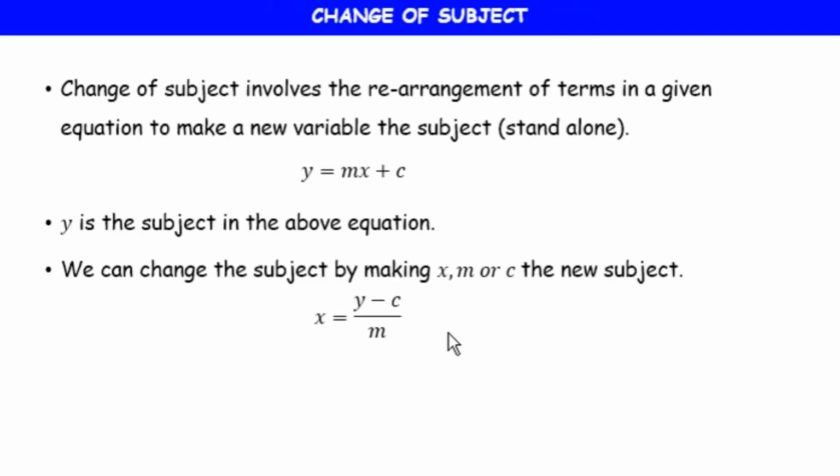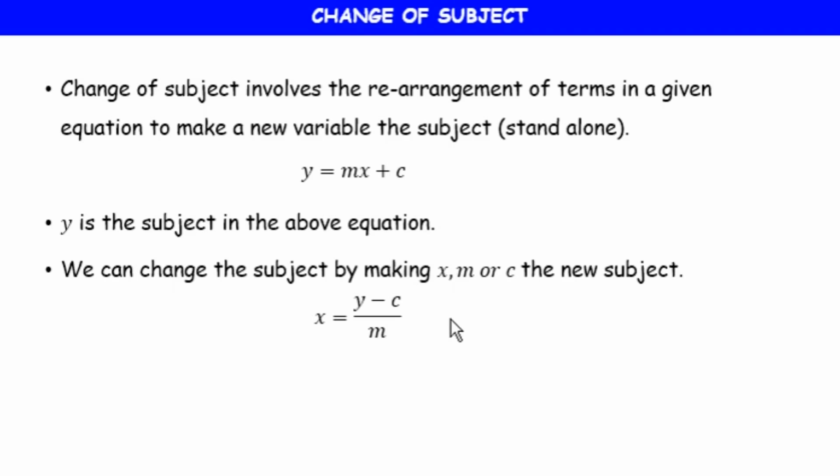Okay, so change of subject. Now, what does it mean for us to say change of subject in mathematics? I believe you have some fair idea or some knowledge on linear equations, right?